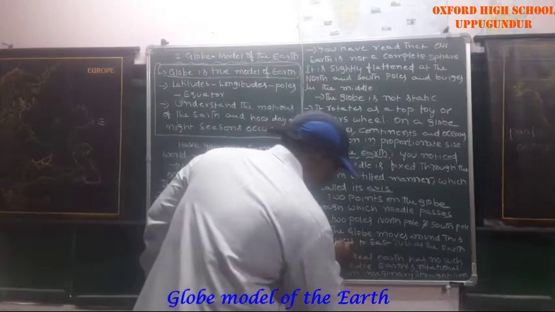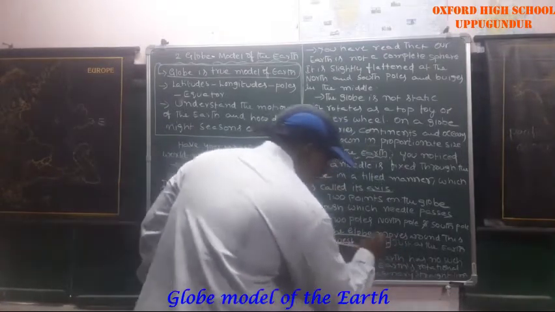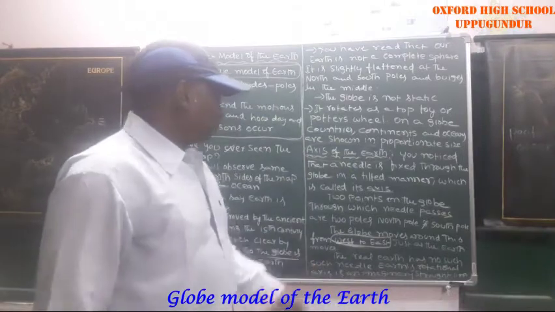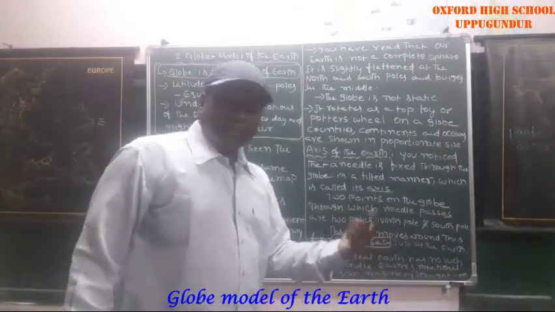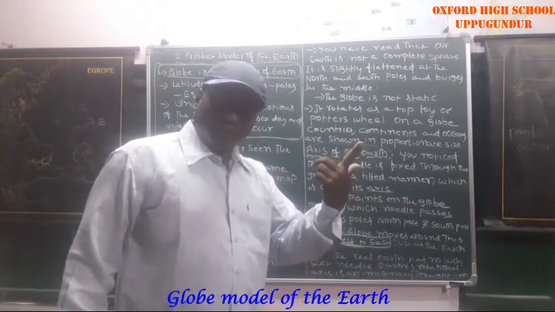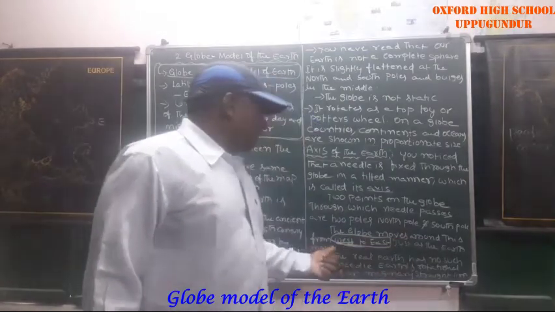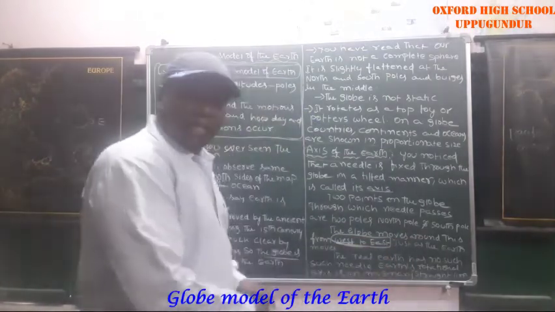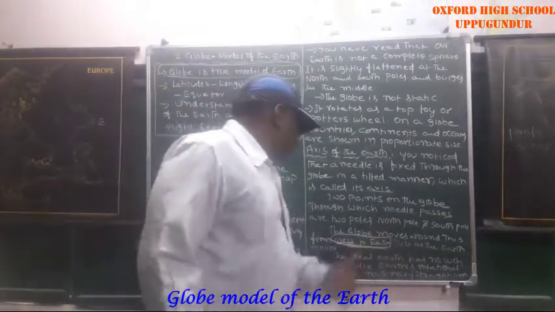Earth moves from which direction to which direction? West to east direction, just as the earth moves. Around this means the needle, that is nothing but the axis. The globe moves around this axis from west to east, just as the earth moves.